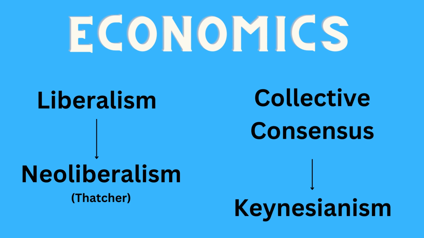It is the belief that the individual should be economically and politically free. That leads to neoliberalism, which is kind of the same thing except on steroids, and that's under Margaret Thatcher. So that's one economic perspective on Great Britain. Many would like Great Britain to practice neoliberalism.